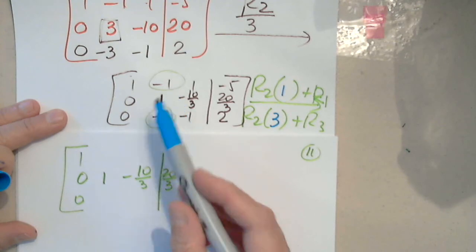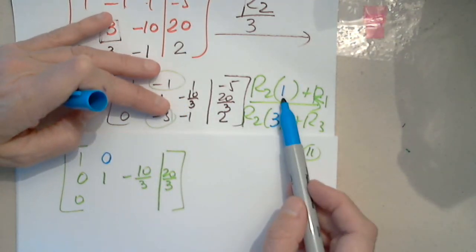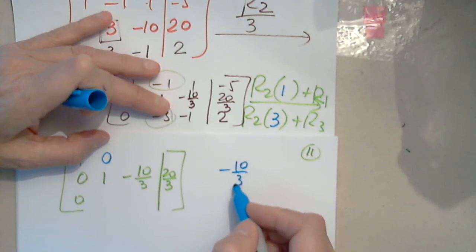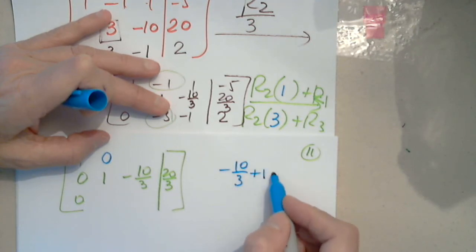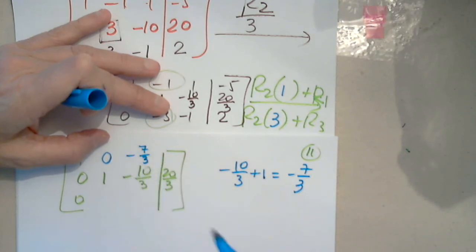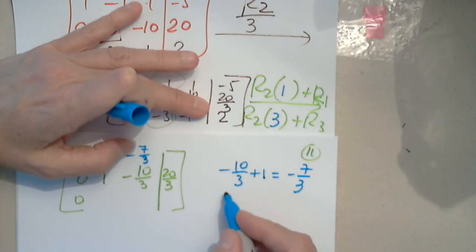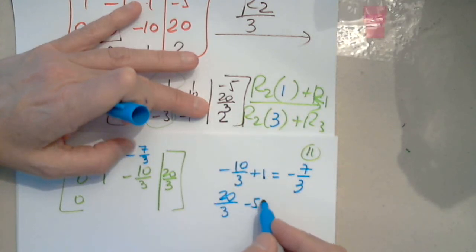1 times 1 minus 1 better be 0. -10 times 1 is -10, and then plus 1 will be -7. And 20 over 3 minus 5, this is 15, so it's 5 over 3.